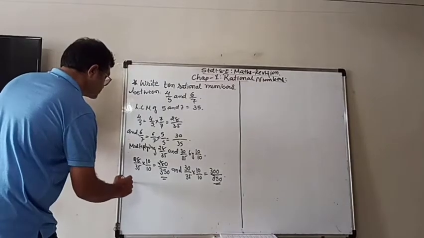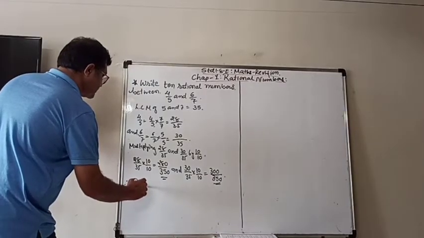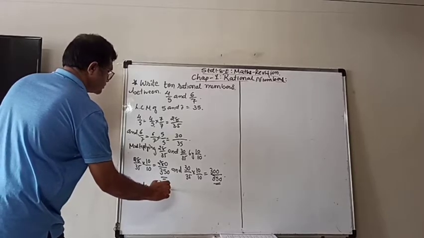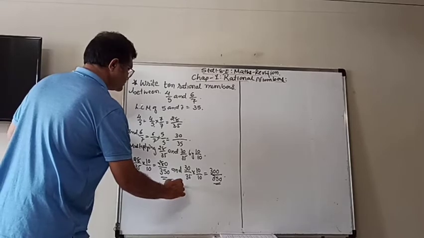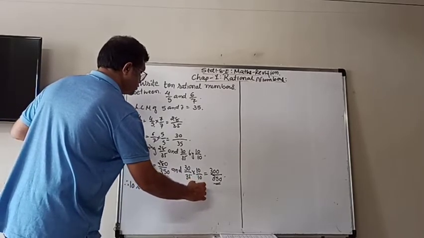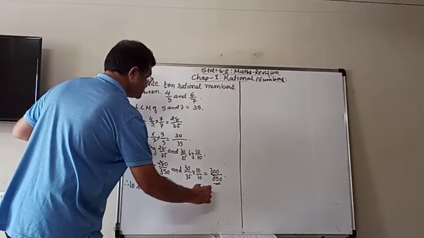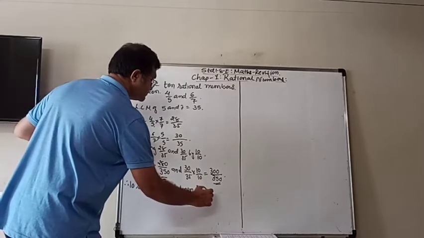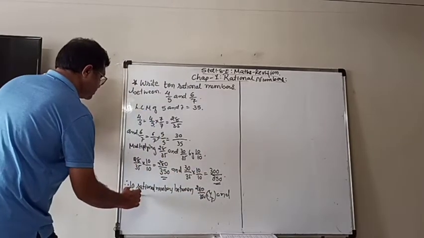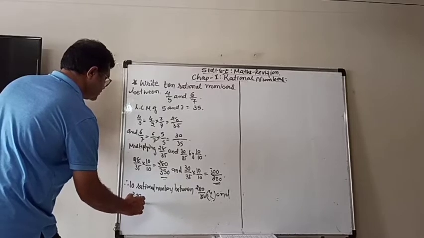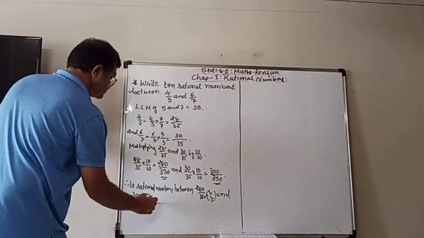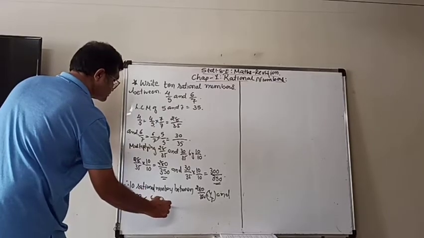Therefore, 10 rational numbers between 280/350, which is equal to 4/5, and 300/350, which is equal to 6/7, are.